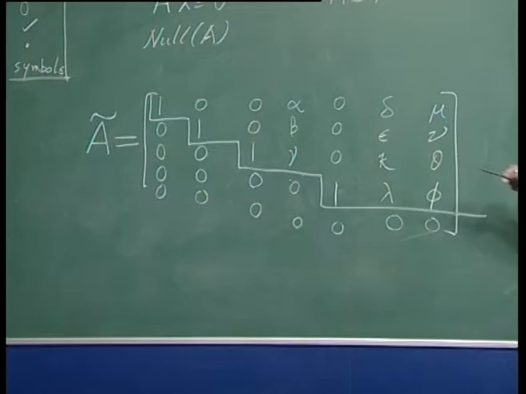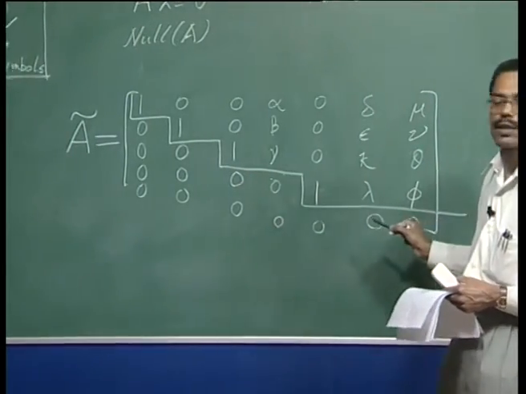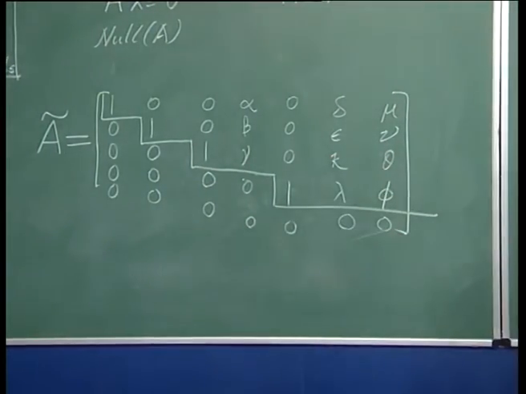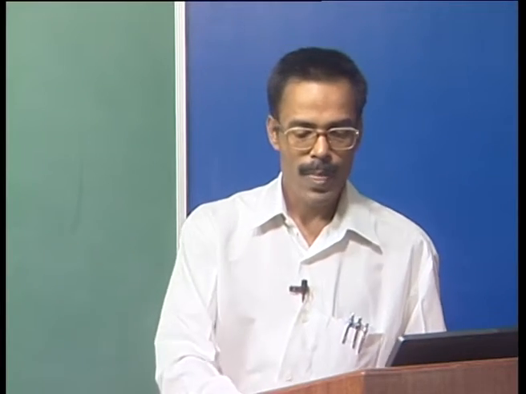So this stepwise formation that we have got through row reduction is called the row reduced echelon form, or RREF. So through a series of elementary row transformations, we have reduced the original matrix A to this form A tilde, and this form is the row reduced echelon form.